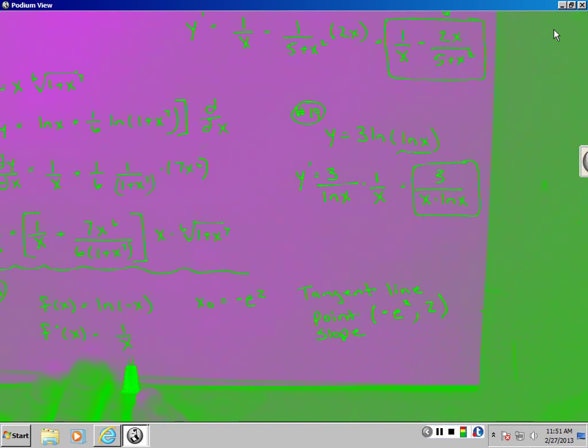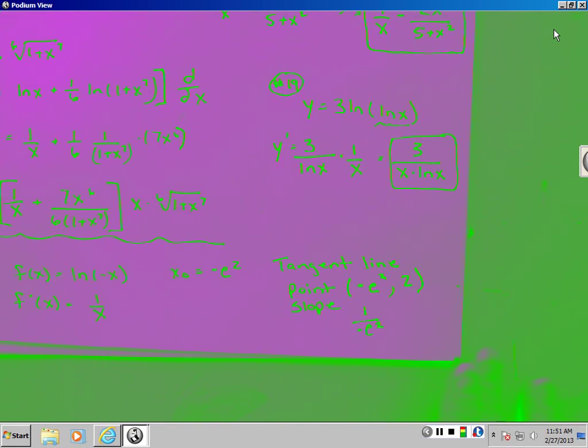What is my slope? That's just a number. 1 over minus e squared is a number. I leave it as that. So I have a point, I have a slope. I can find the equation of the tangent line. y minus y1 equals my slope times the quantity x minus x1, and then I solve for y. This is going to be one where you have to enter weird numbers like 1 over e squared or negative 1 over e squared.